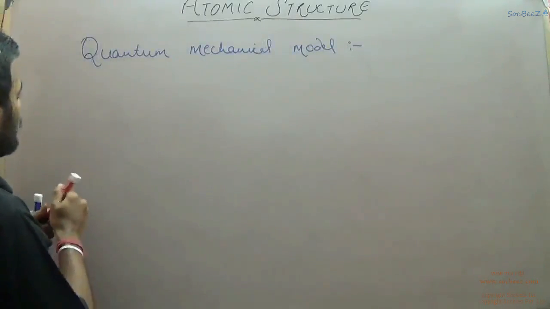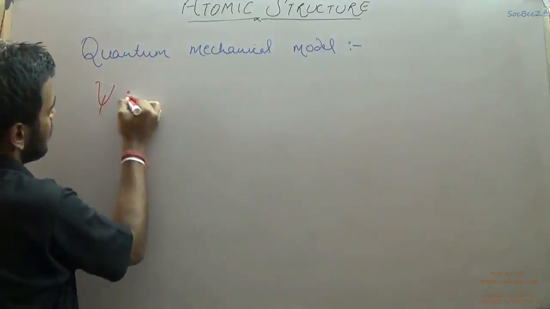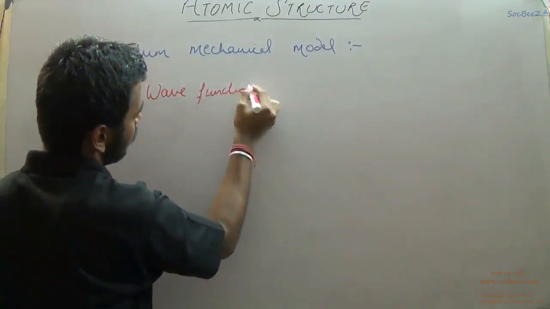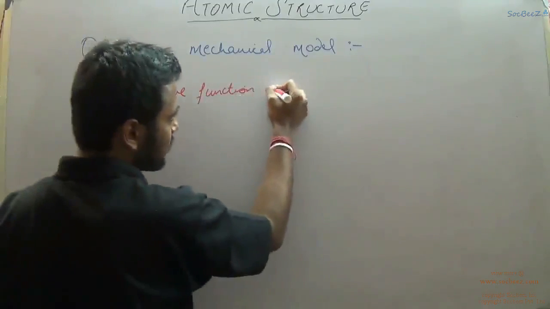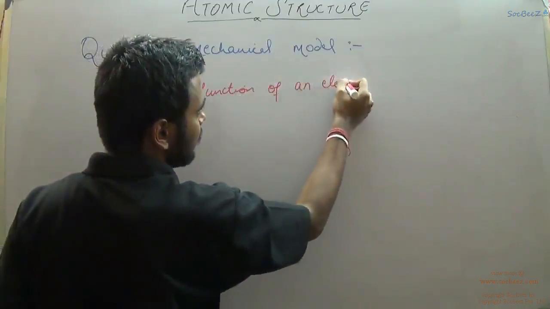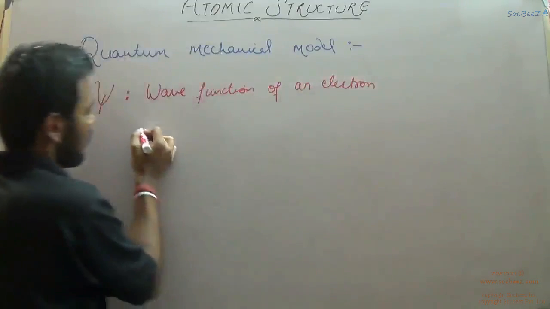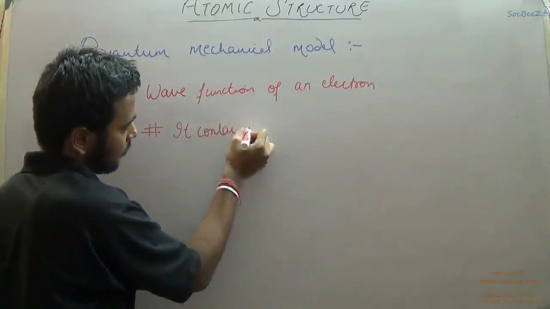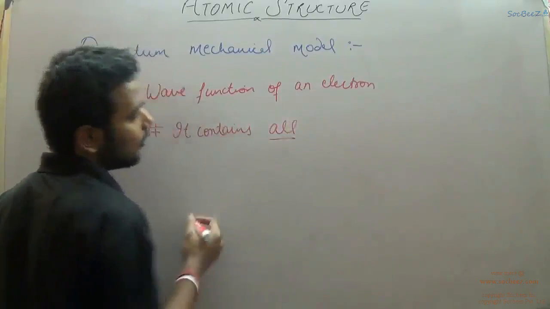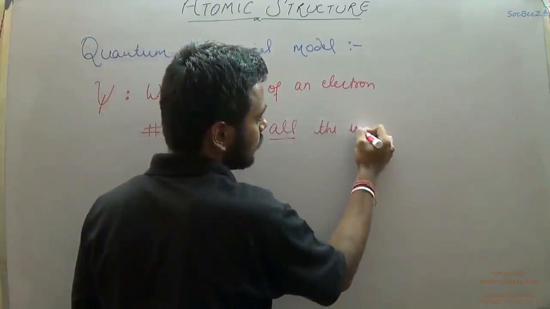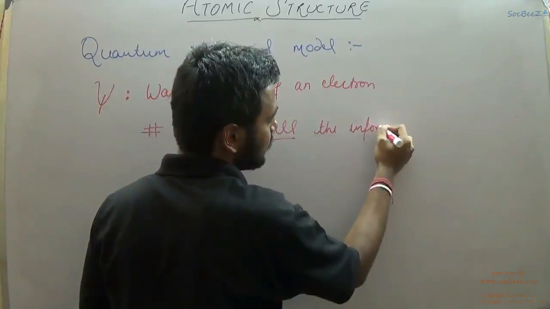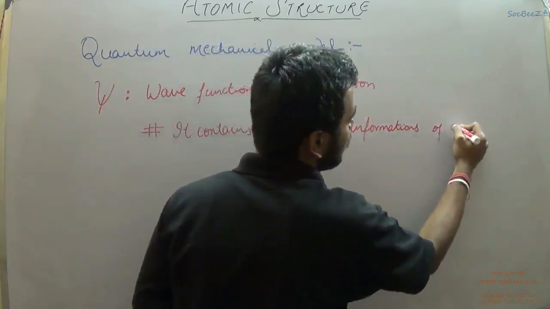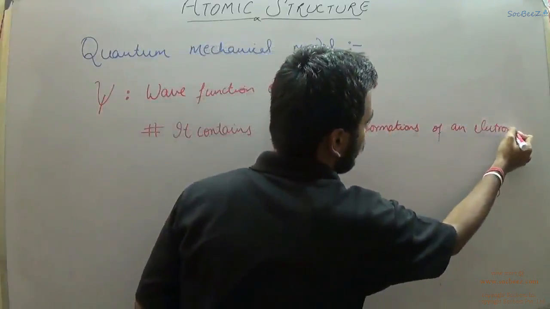Psi is called the wave function of an electron. In case of electron, it is the wave function of an electron. It contains all the information of an electron.